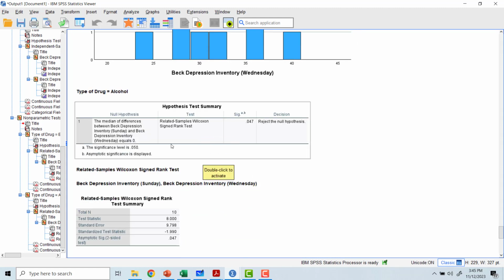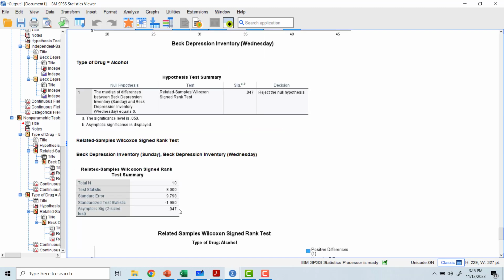So let's now go to the alcohol. It's marginally significant, but a little bit less significant. We have a significance of 0.047, so we just about reject if alpha equals 0.05. Again, with the z statistic, we have a z of minus 1.99, so we're just about rejecting with the equivalent z test, and the asymptotic significance is almost exactly the same.